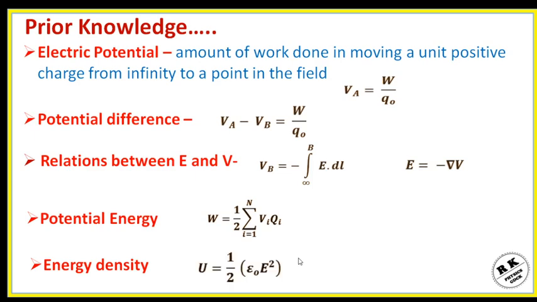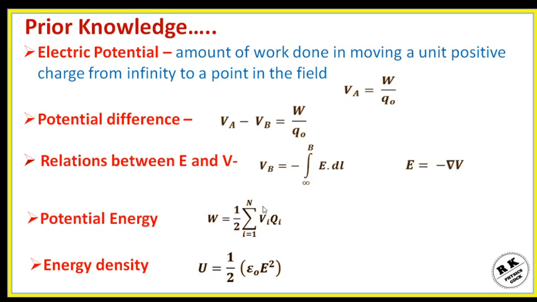Energy density of an electrostatic system is given as U is equal to half times epsilon naught E square, where epsilon naught is the permittivity of free space and E is the electric field intensity. We are going to use these equations in our current derivation.